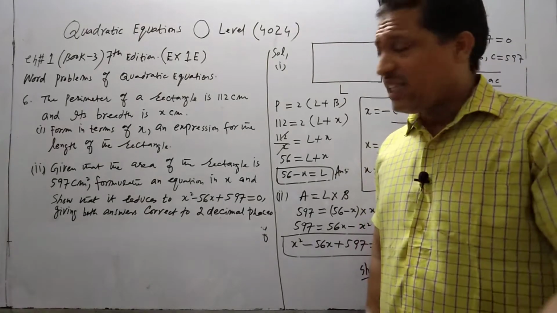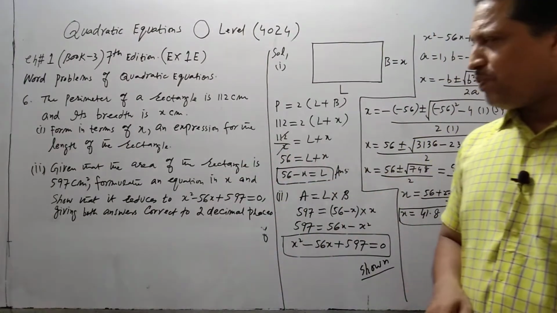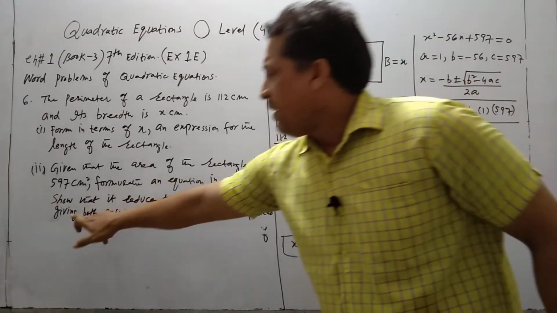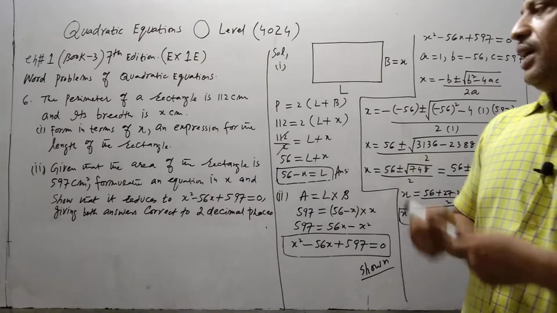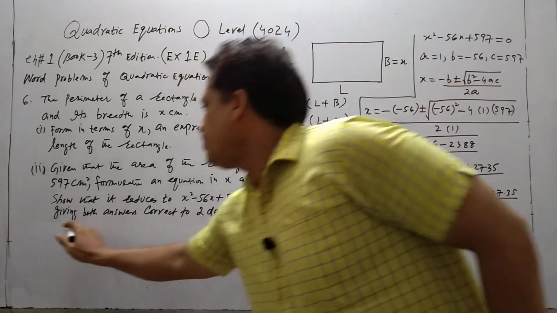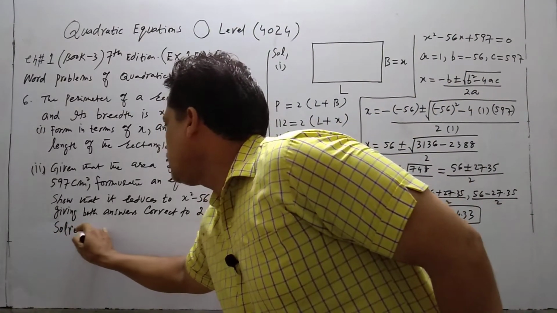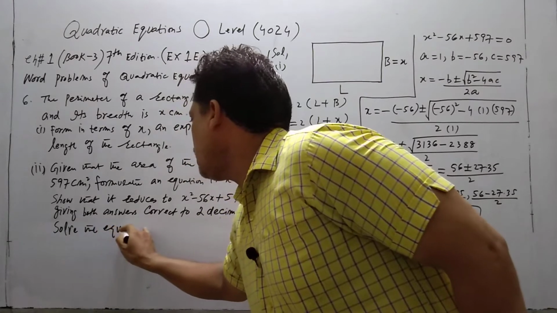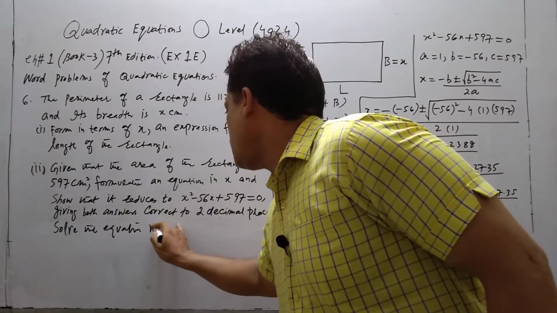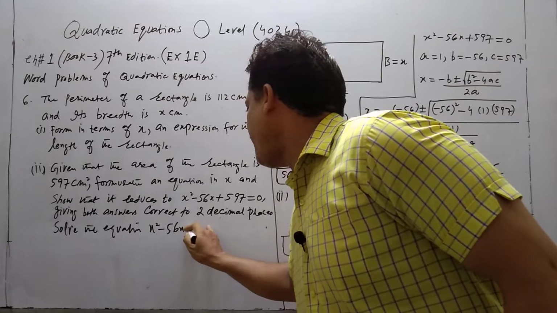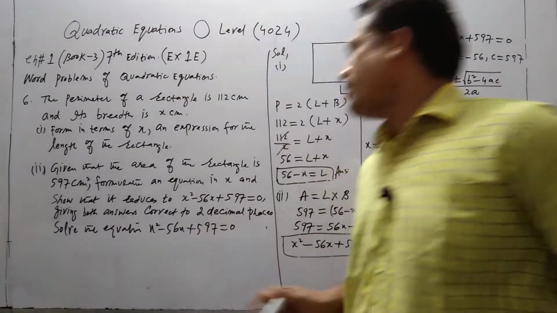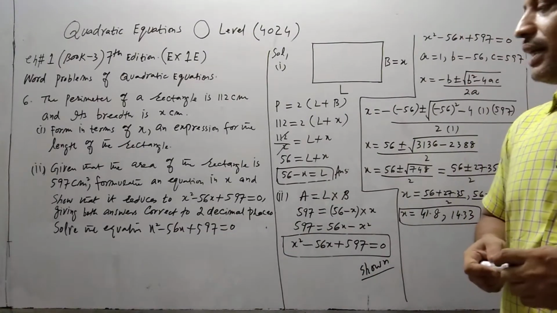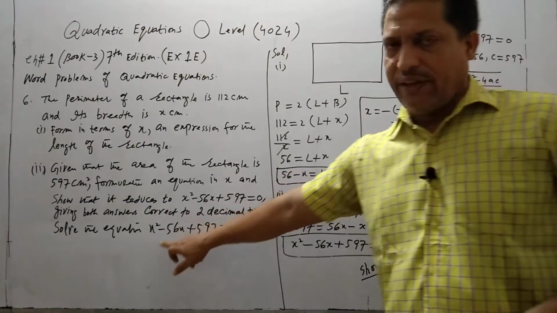Now the next part of part 2: giving both answers correct to 2 decimal places, solve the equation x square minus 56x plus 597 equals 0.